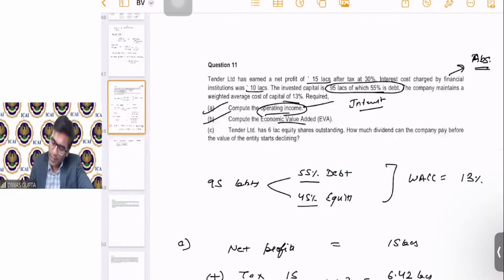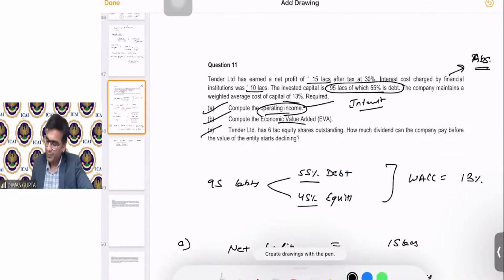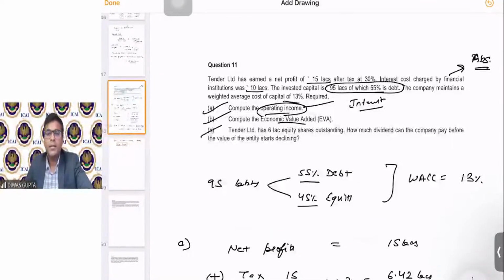Now, I think the last part, Tender Limited has 6 lakhs equity shares outstanding. How much dividend can the company pay before the value of the entity starts declining? So they are saying that the equity shares outstanding are 6 lakhs.